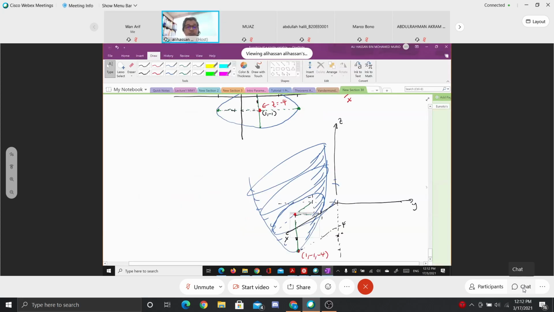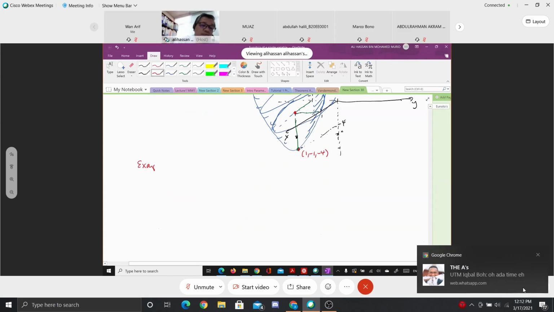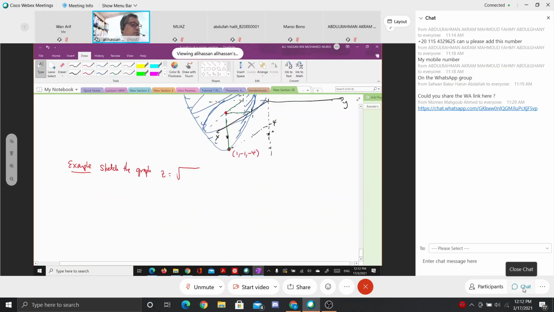Let's do another example. Suppose we want to sketch the graph z equal to the square root of x squared plus y squared.